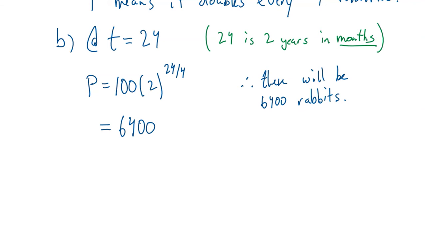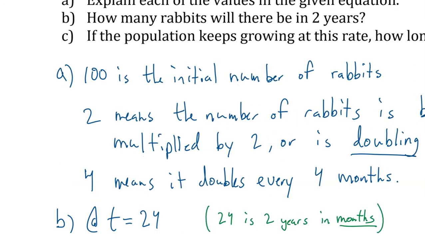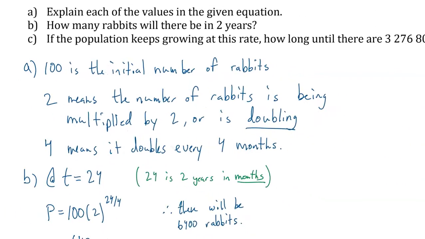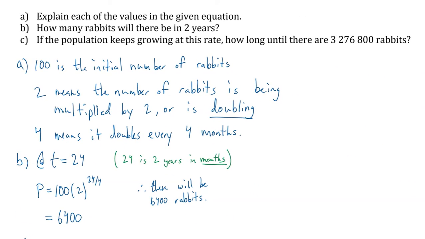Subbing in for t and solving for p, or solving for the final amount, is fairly straightforward. It's just calculator work. Next one's a little bit trickier. Next one says, if the population keeps growing at this rate, and again, a lot of the questions don't say that just because we're not going to repeat it every single time, but it's always assumed that something doesn't happen, like the island doesn't get flooded in a hurricane and all the rabbits are wiped out, right?